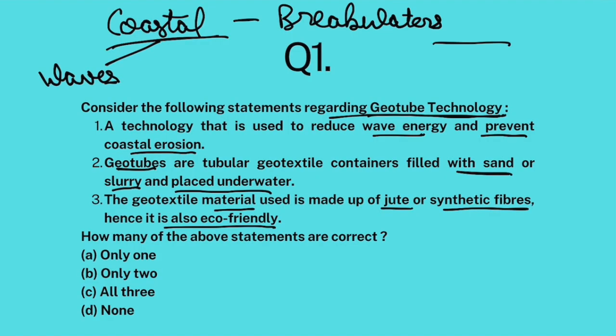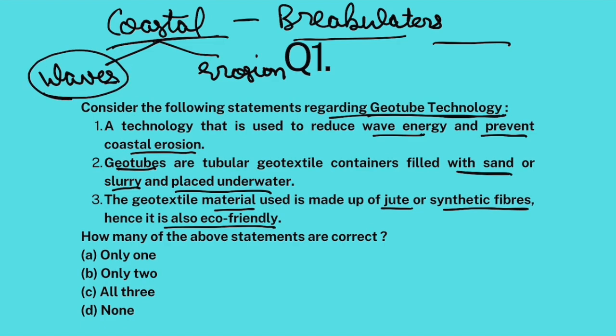These strong waves cause a lot of coastal erosion, right? And it also destroys some property in the coastal areas. But if you place these big hollow tubes around your coastal regions facing the sea, they shall act as breakwaters. They will absorb excess wave energy, dampening the effect of waves and causing less coastal erosion.